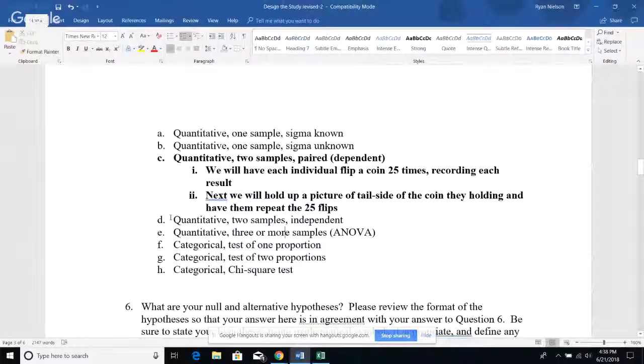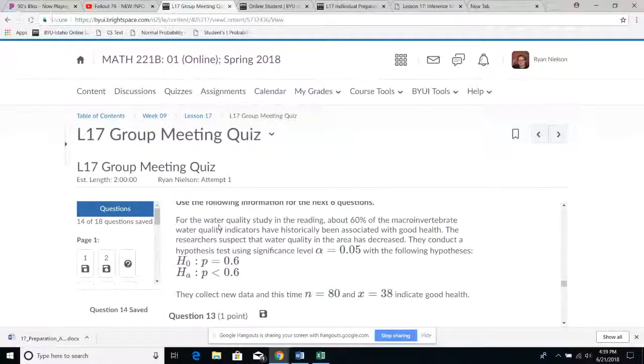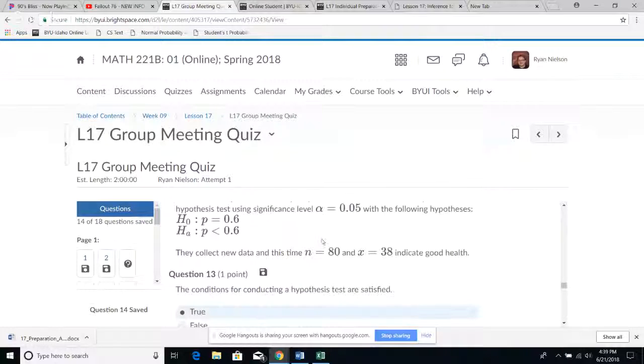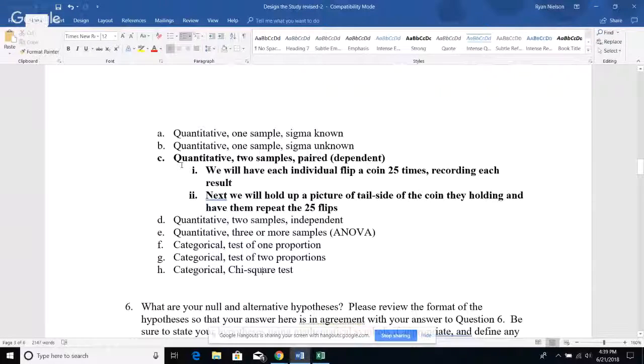That gets rid of everything down here. So we're just dealing with 1 sample, just the 1 N. If it were one of these two, what would our test statistic be?